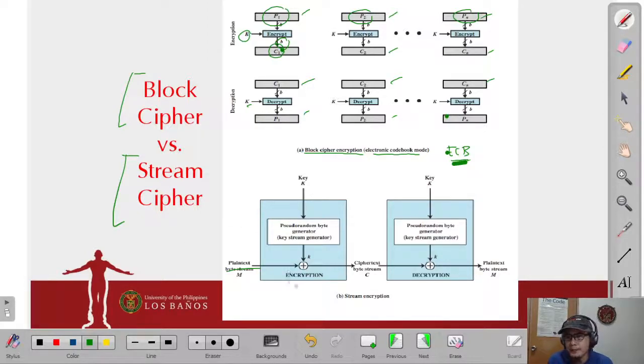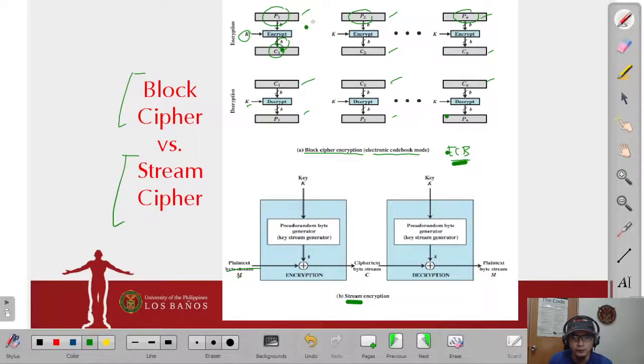For the stream encryption, the idea here is the plain text is treated as a byte stream, meaning it's just an array of bytes. There is no blocking done.